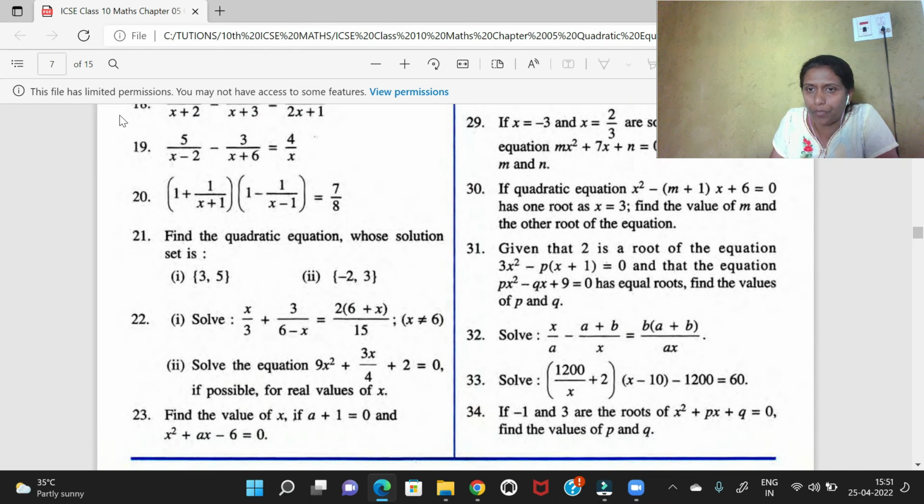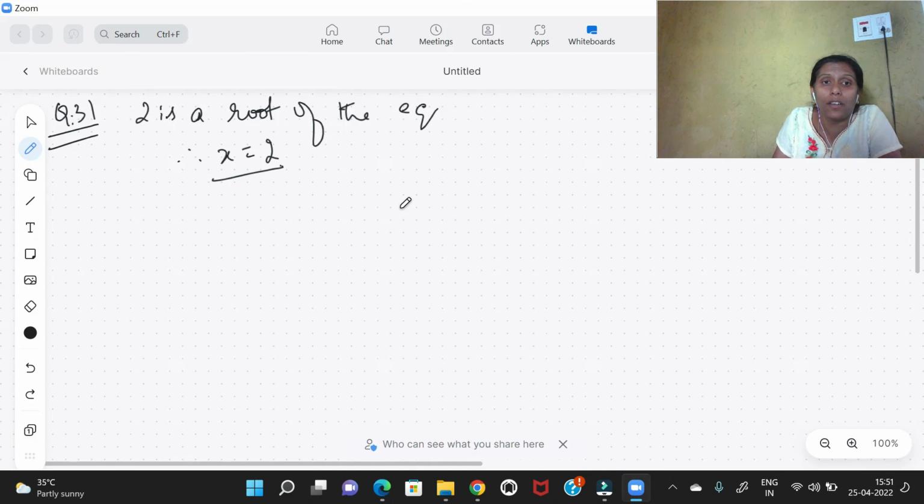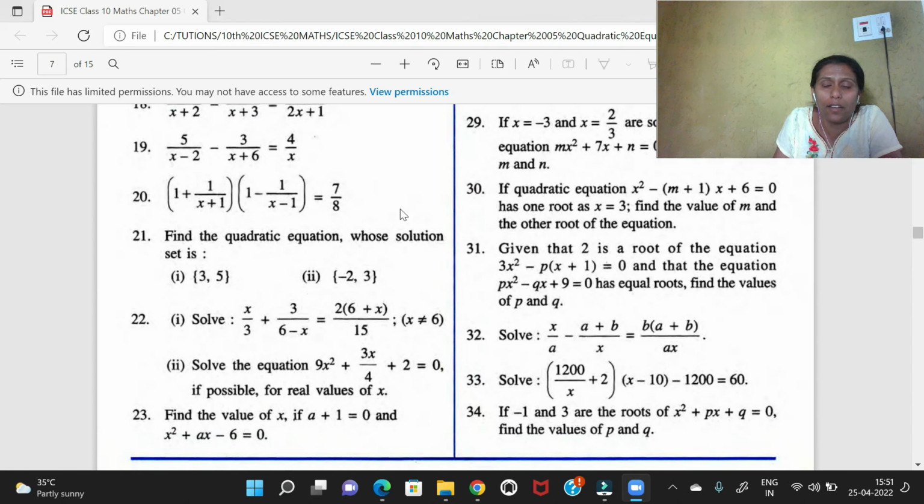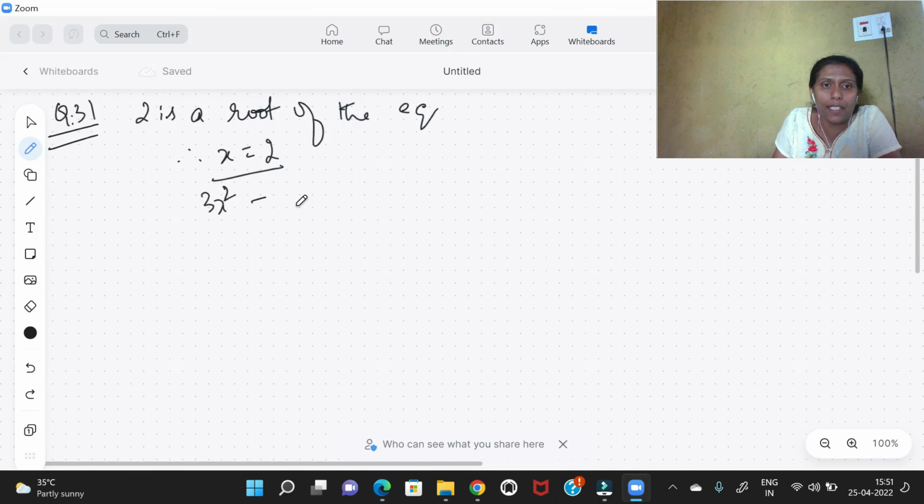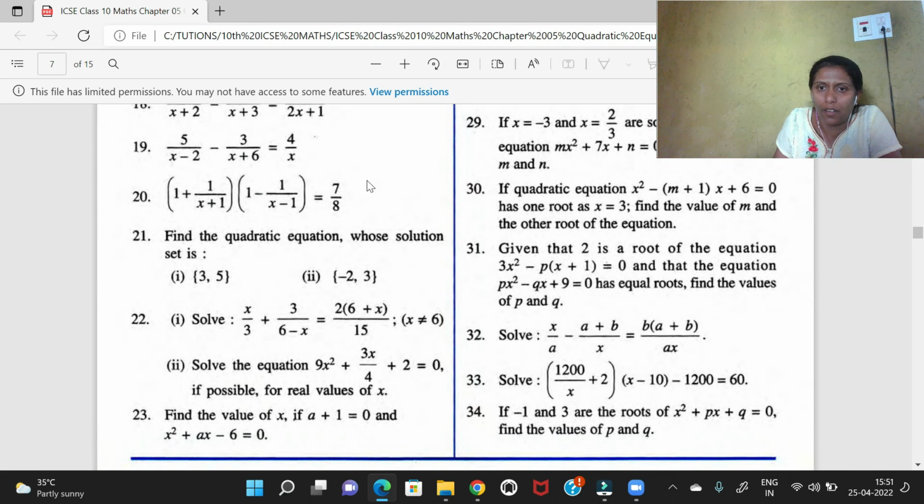Next, root of the equation. What is our equation? 3x square minus px plus 1 is equal to 0. Alright. And that the equation px square minus qx plus 9 has equal roots.